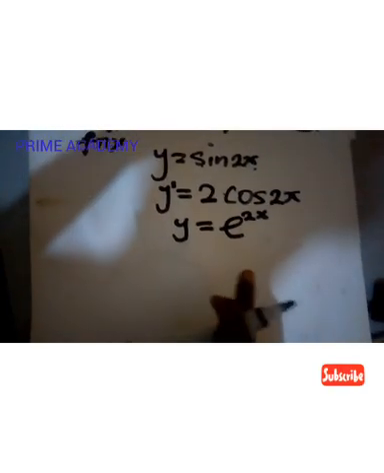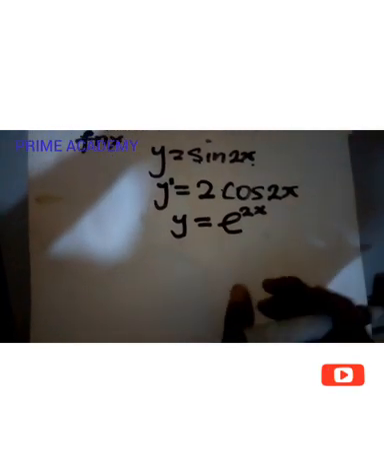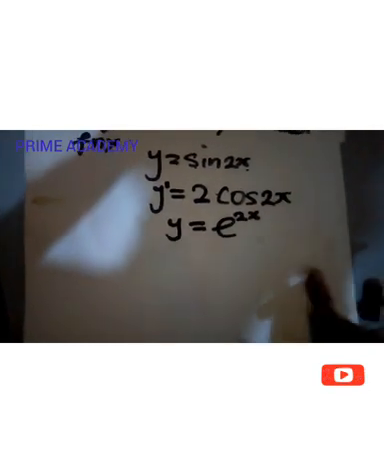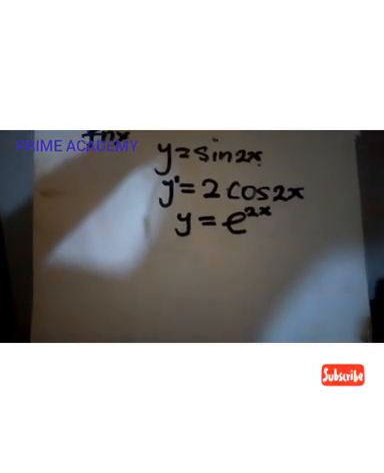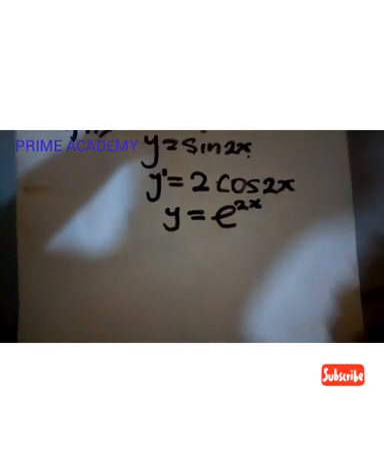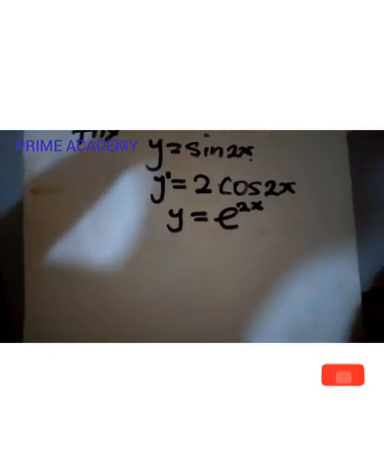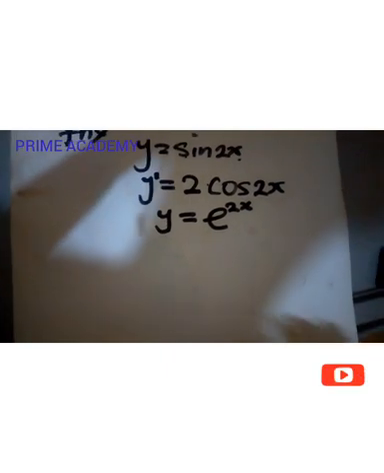I'll take another example. If I have a function, say y equals exponential 2x. Looking at this, you discover that the exponential function should not have a constant attached to it. So for us to have exponential 2x simply means that there is an inner function here, and the inner function is 2x.